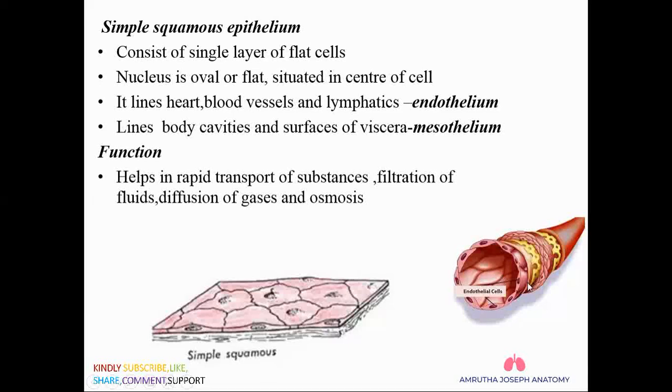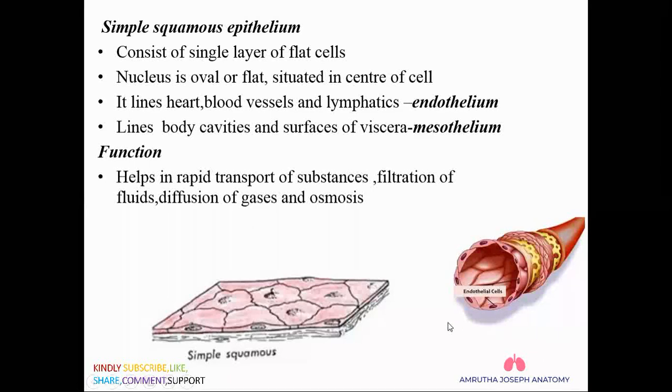The nearby tissues get the oxygen from the blood which is flowing inside. So how does the oxygen reach the tissue? The oxygen is going to pass through the cell. Similarly, the carbon dioxide, whatever waste material it has, is going to pass into the blood through the cell. Remember, it is not between the cells, it is through the cell.